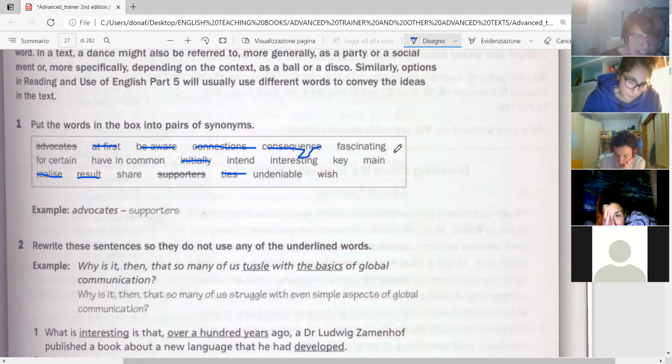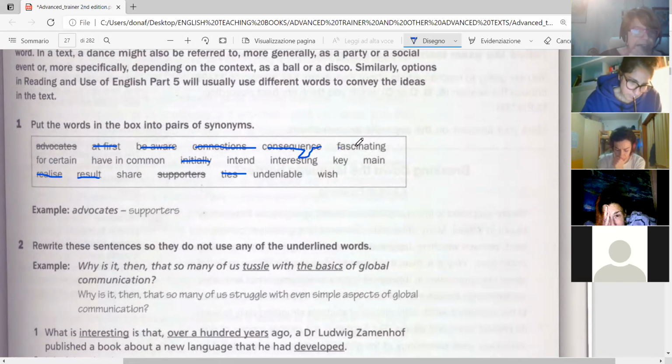Okay, fascinating. Intend, no. Remember that if it's an adjective, you have to find another adjective. Interesting.